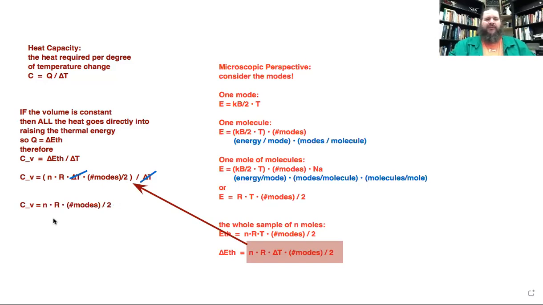So you can use this to predict the heat capacity of, let's say, 5 moles of helium, for instance. Just as an example, let's say you have 5 moles of helium gas at constant volume.